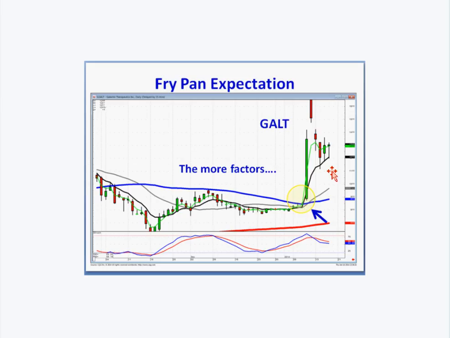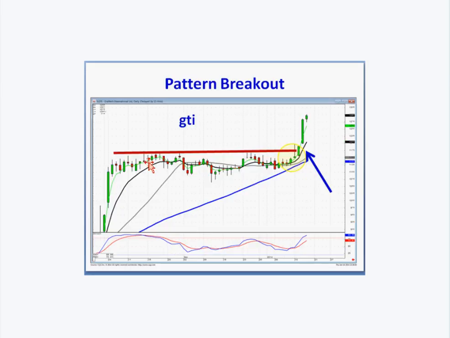Or if they go through, you've got the possibility of a strong price move. In this case, a big price move. Again, do we always get big price moves? No, it just puts us in situations where the probabilities are much greater in our favor that not only are we going to be in the right direction at the right time, but we're going to have a high profit trade.